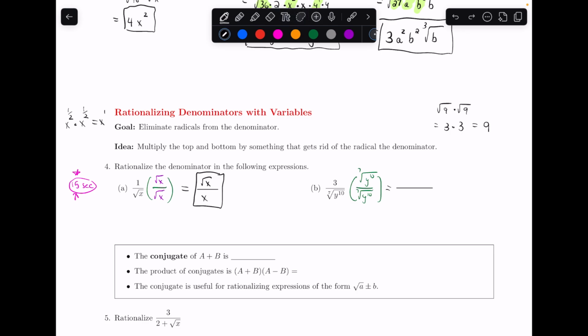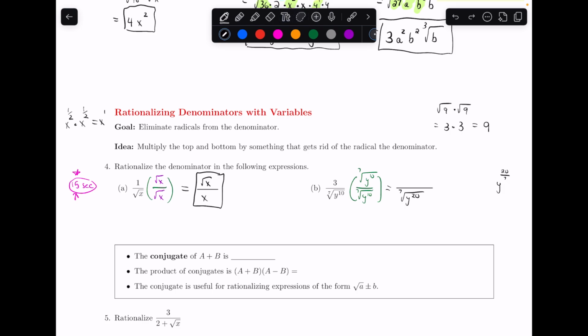You would end up multiplying the two insides together. So you'd get a 7th root of y to the 10th times y to the 10th. You add the powers, you get y to the 20th. And then as a fractional power, that would be y to the 20 over 7. But that 20 over 7 doesn't simplify super nicely.